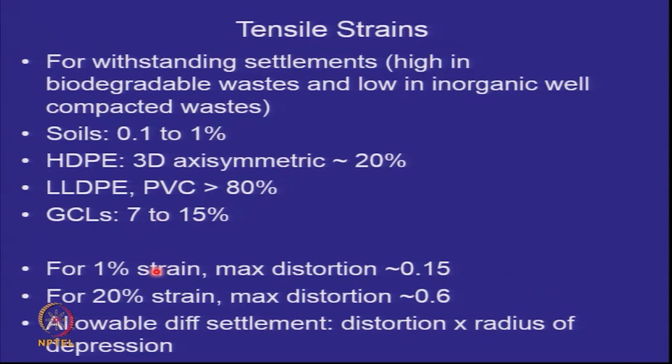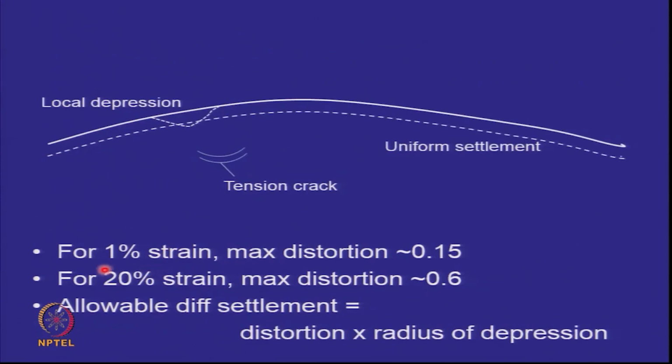So if I can have 1% strain, then the maximum distortion that I can have is 0.15. After that, soil will not work. If I have 20% strain, then the maximum distortion that I can have is 0.6.